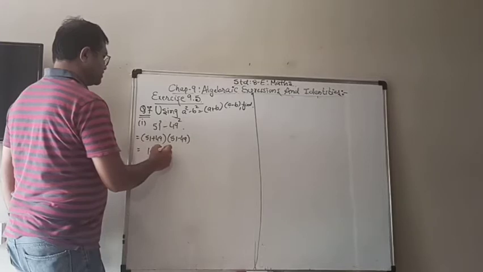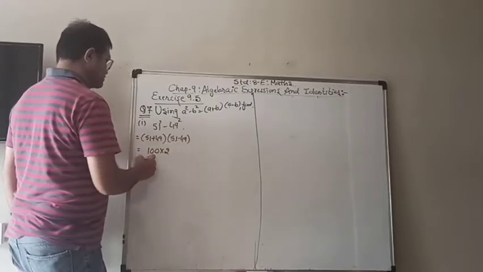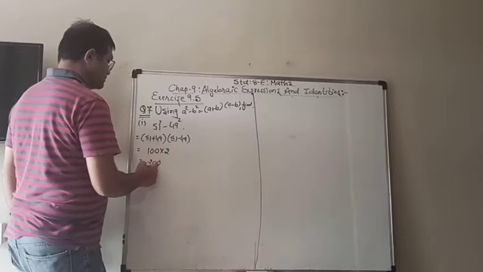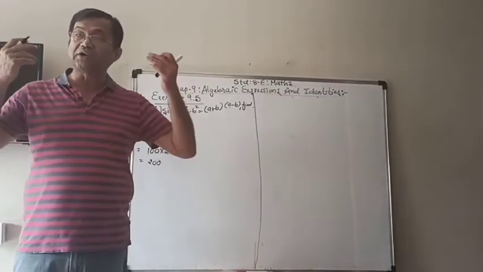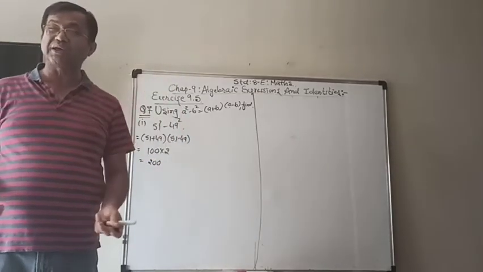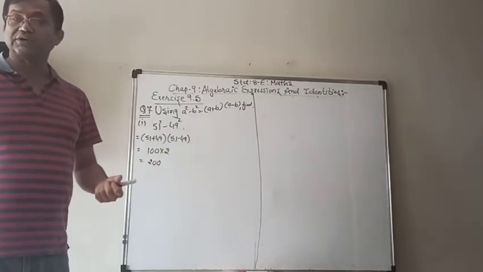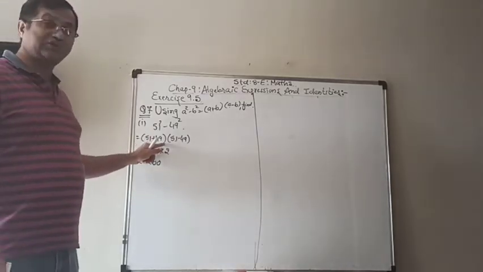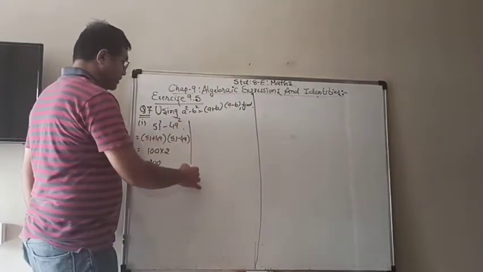So it is 100, multiply by 2. 51 minus 49 is 2. So that is 200. Very, very simple. Here you don't have to do 51 square, and you don't have to do the square of 49. Otherwise it takes a long time. But if you use that identity, within a few seconds you can get the answer. So 51 plus 49, 51 minus 49, and simplify.